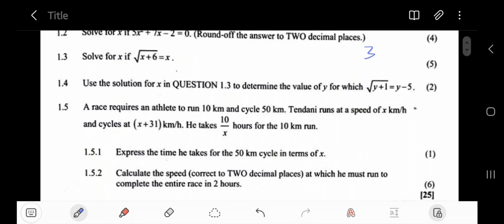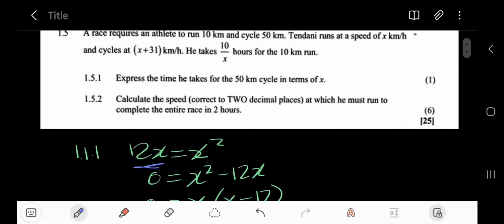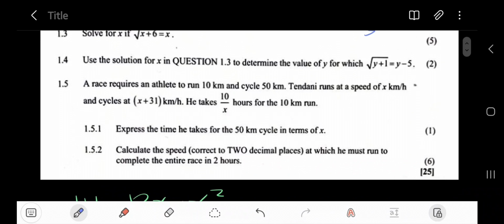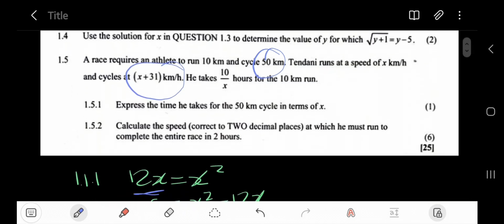For the 50 kilometer cycle, the information that we have is that first of all, the distance is 50 kilometers and the speed at which he cycles is x plus 31. But they want us to find the time. We have the distance, which is 50, and we have the speed, which is x plus 31.